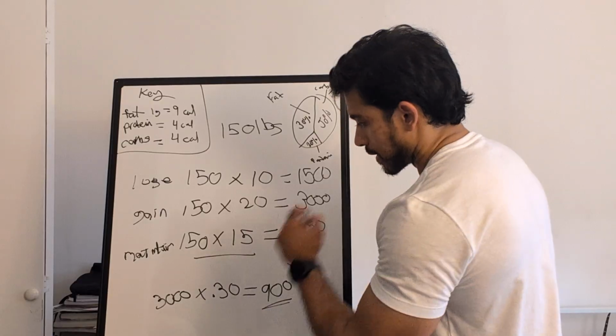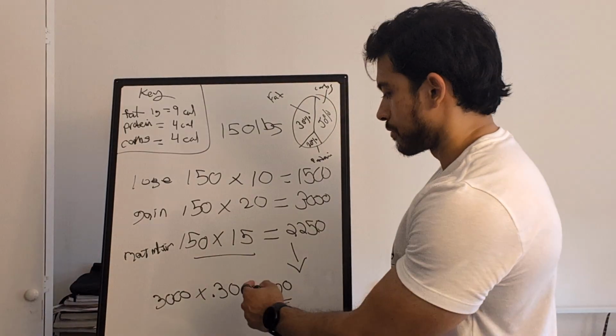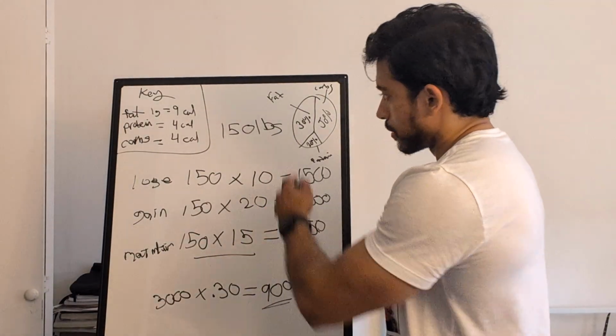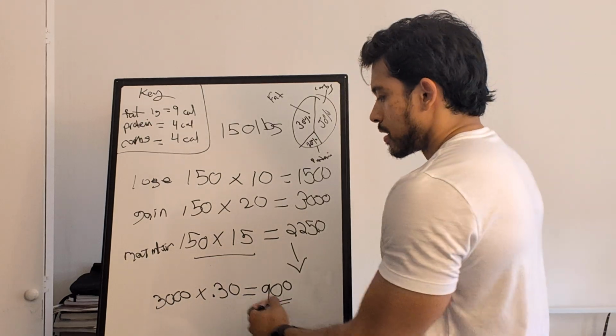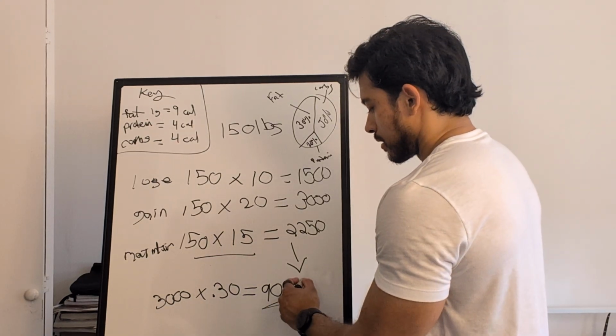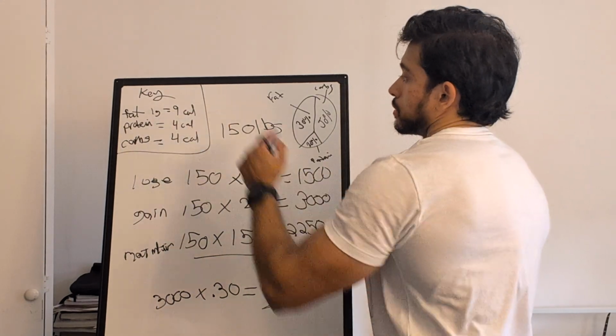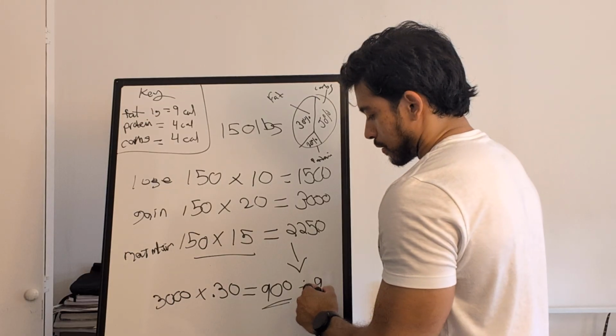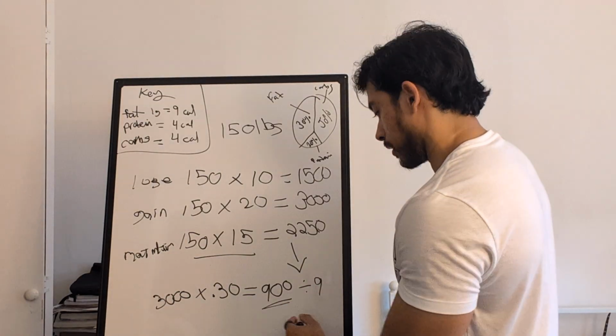We know how many calories we got for the amount of fat we're going to be eating on this diet, right? 900 calories. Now we divide that by the amount of calories a gram of fat is. We're working backwards, right? We're back to math class.